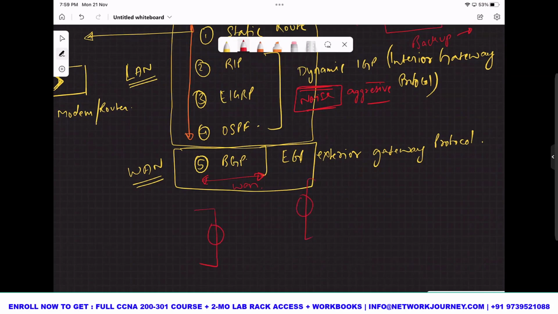Okay, so let's say this is the source and this is the destination. To reach the destination, I have certain paths. Let's say I have to reach this. So between this, I will form neighbors. Now this is a selective neighbor. I will just ask my service provider or internet service provider to provide me a public IP.